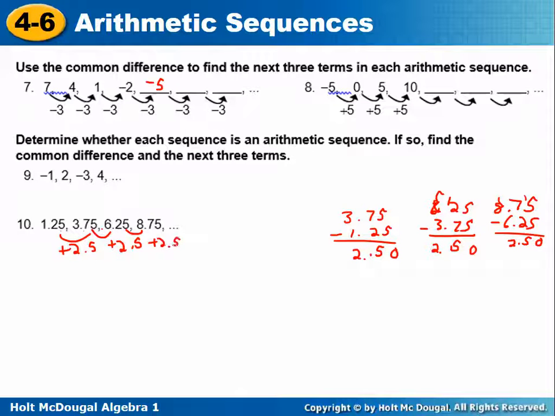So every time we added 2.5, so our common difference is 2.5, and then we just need to keep adding that number, 2.5, to our previous term in order to find the next term. So our next term would be 11.25, and then we would add 2.5 to that, and you have 2 more to go.